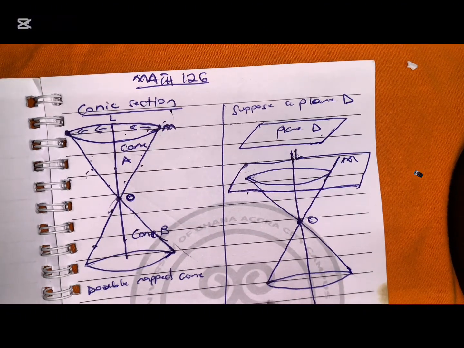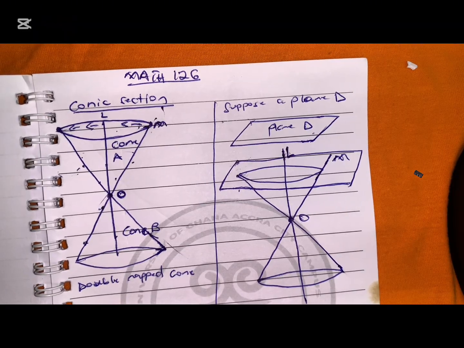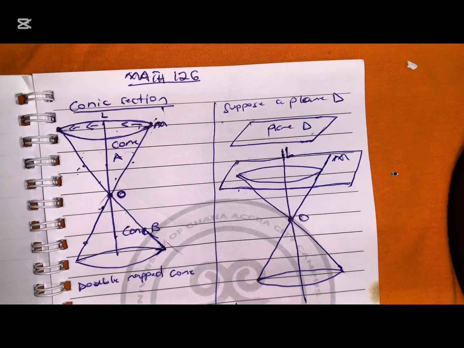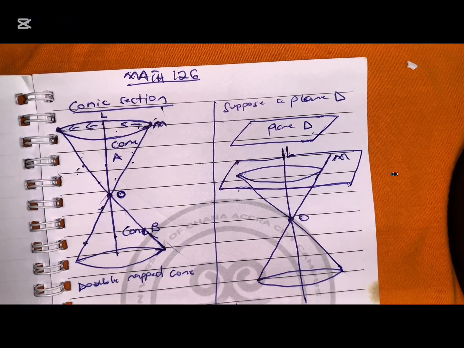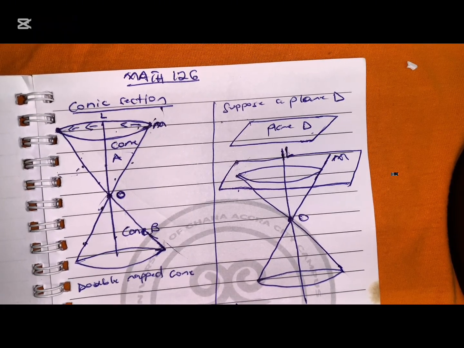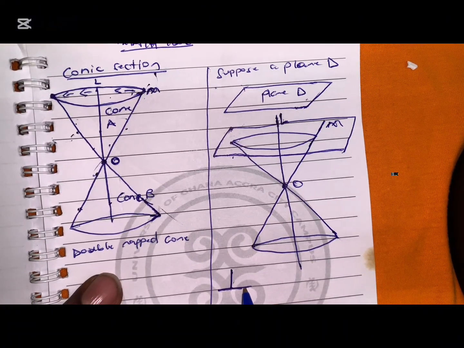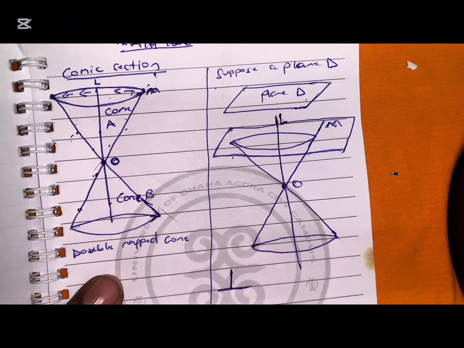Now when you say something is perpendicular, for example, if two lines are perpendicular, that means the lines are coming from different directions and they are meeting at a particular point, right? This is the sign that you see when you say something is perpendicular.